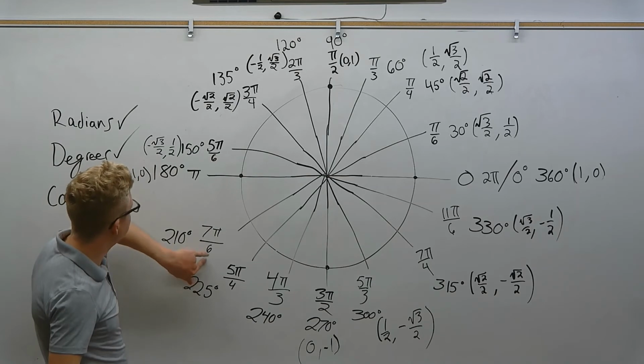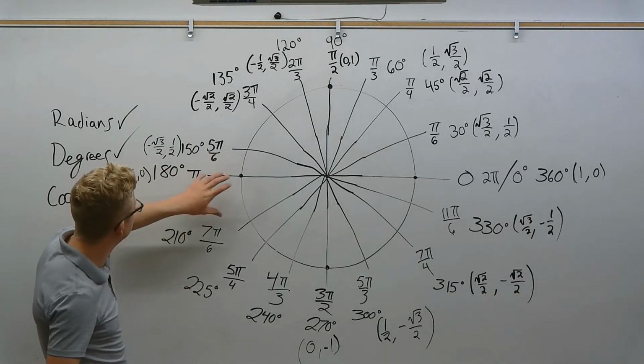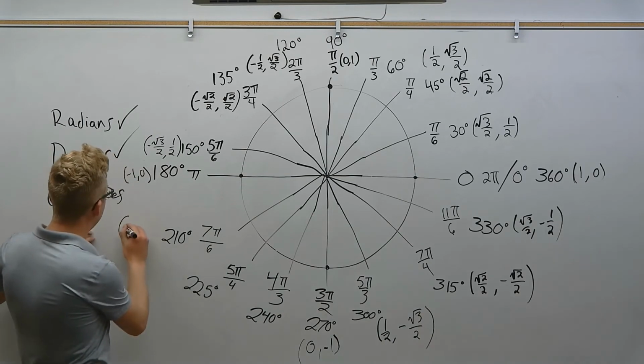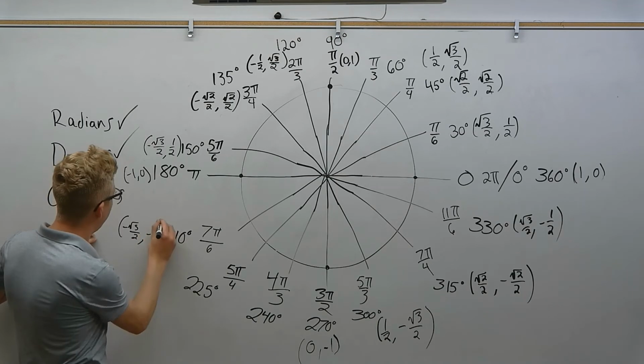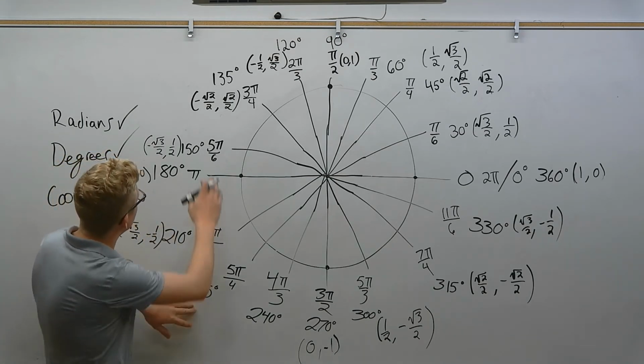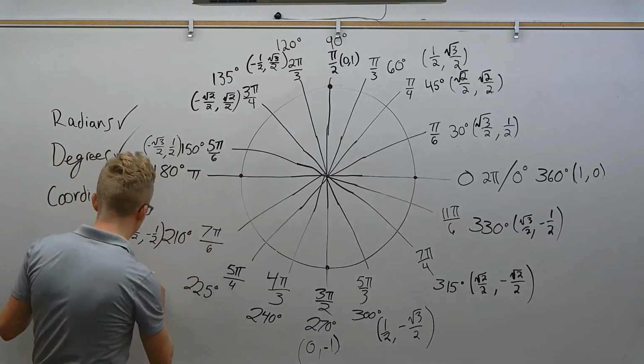Okay, for the 7 pi 6, that corresponds to 5 pi 6 here. So that's going to be a negative root 3 over 2 and a negative 1/2. Then this, we're going to have a negative root 2 over 2, negative root 2 over 2.